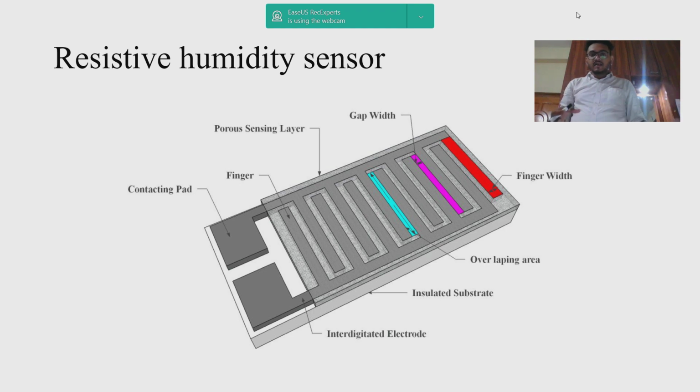The rate at which the heat is dissipated depends upon the thermal conductivity of the air, which changes with the humidity. By measuring the heat dissipation, the sensor can calculate the humidity level. Thermal conductivity sensors are durable and work well in various environments. Now let's draw the thermal conductivity humidity sensor.